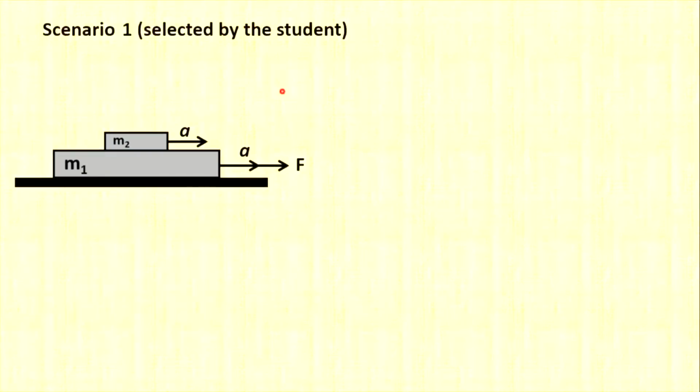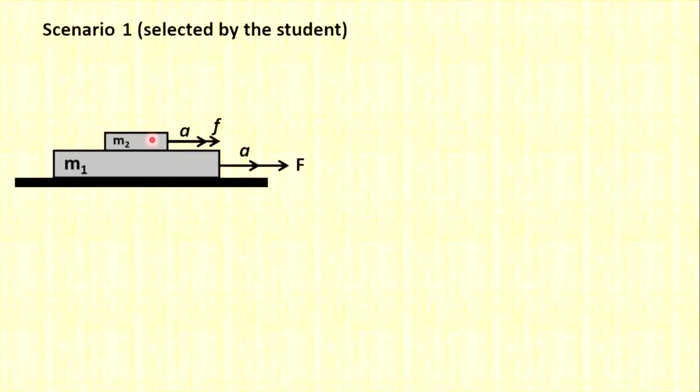The first scenario was selected by the student, so he assumed that the two blocks move with the same acceleration. What does it mean? Let's consider the upper block. To move with acceleration a, it's necessary to have a force which acts on the upper block and accelerates it. From where can this force come?